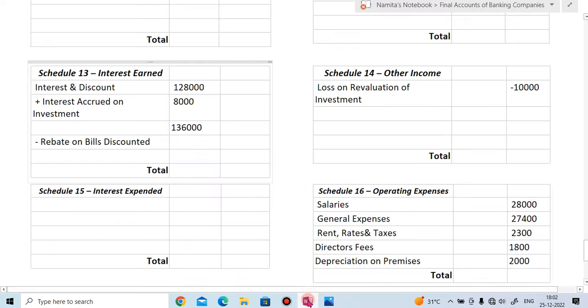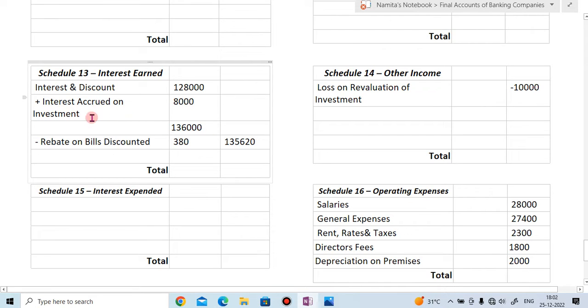So this we will reduce in interest and discount. So final amount will be how much? 1,35,620, okay.